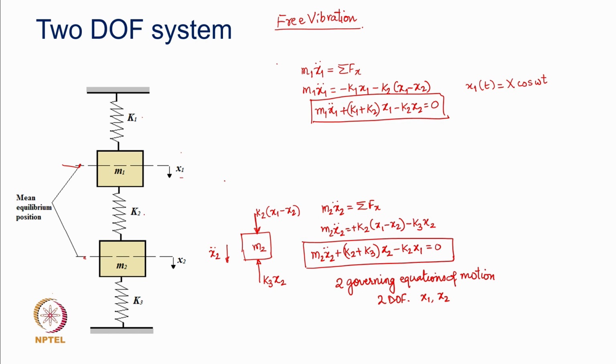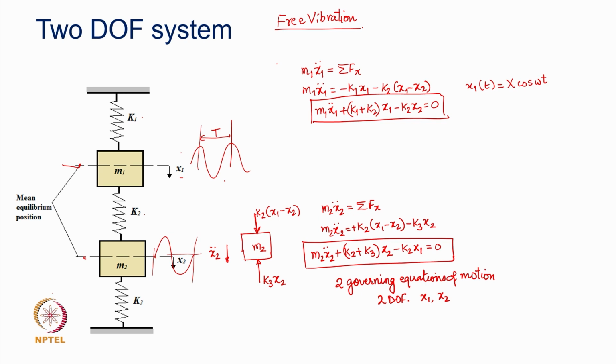What about x2? See, when they are independently moving, how do I ensure that the period with which this is going to move and the period with which this is going to move would always be the same, irrespective of how you excite them, and the overall system would be moving harmonically, the way we have assumed for a single degree of freedom system?